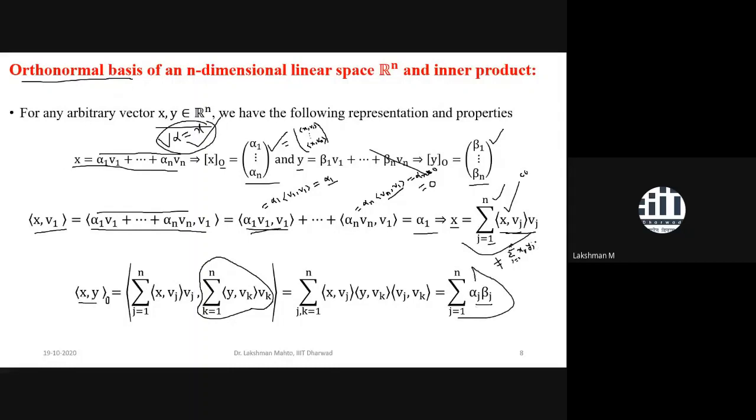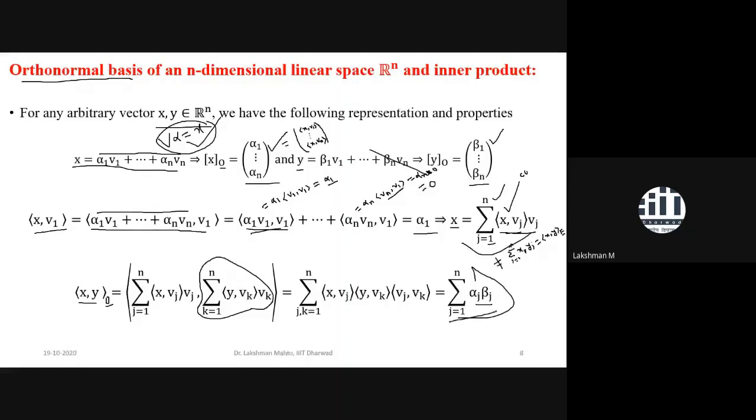So the notation has been changed. This notation was meant for the inner product of x with y with respect to the standard basis E. With respect to the orthonormal basis O, it is different.